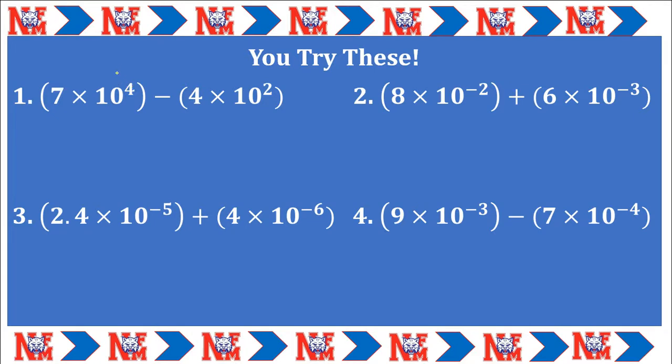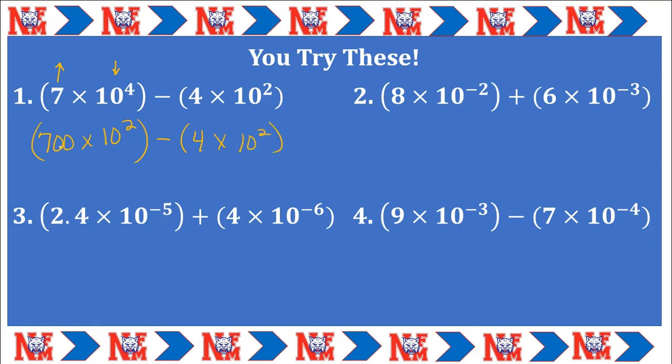Okay, I'm going to make this exponent a 2. So I am going down in value here, so I need to go up in value here. I went down by 2 powers of 10, so I have to move my decimal twice. So we're going to make that 700. So again, these two expressions are equivalent. They represent the same value.